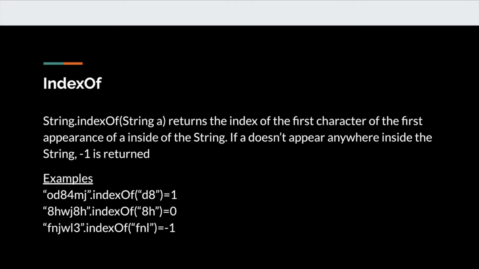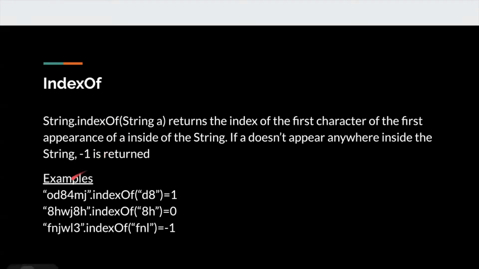You can also take a string A as the parameter for indexOf. And what that will do is it will return the index of the first character of the first appearance of A inside of the string. If A doesn't appear anywhere inside the string, -1 is returned.